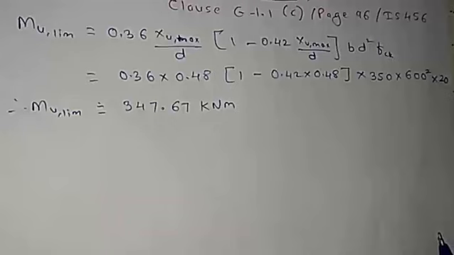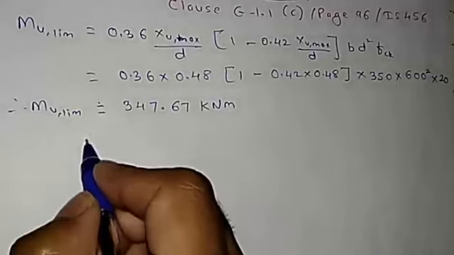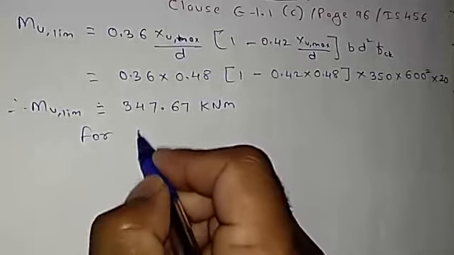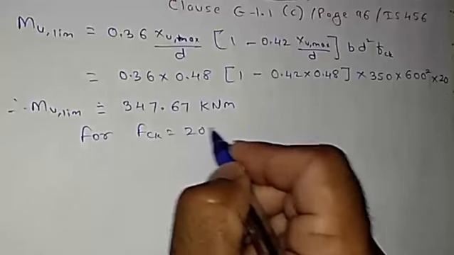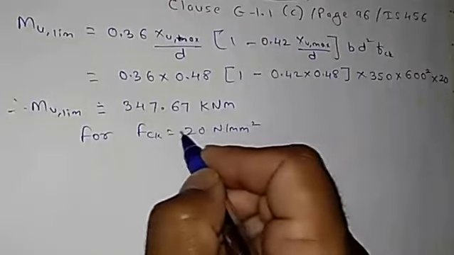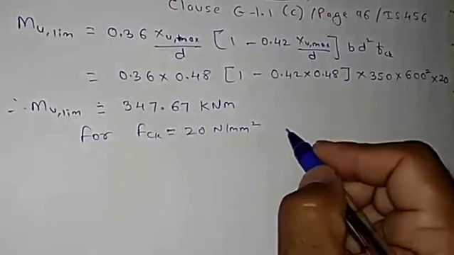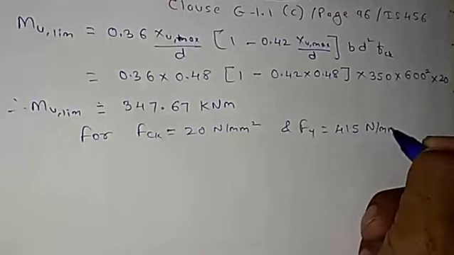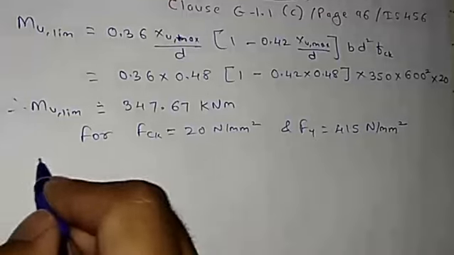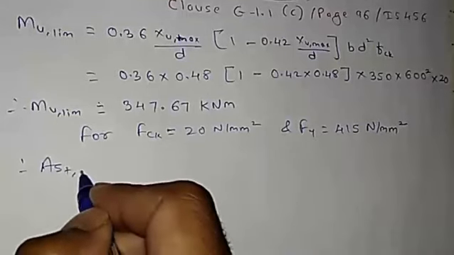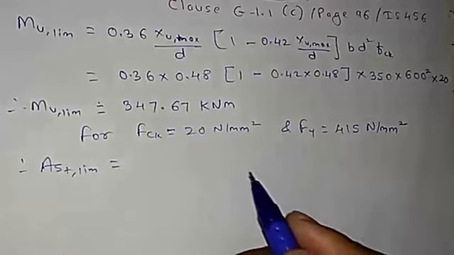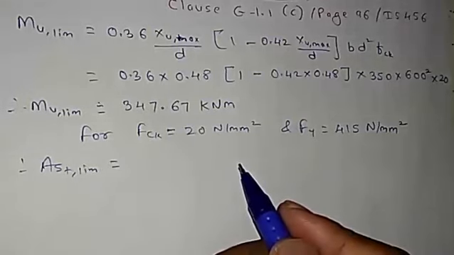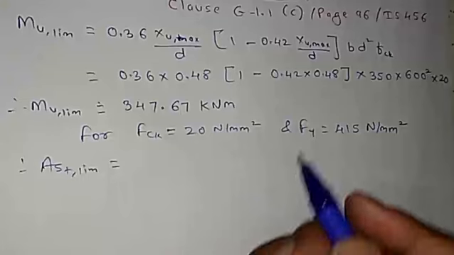Now we can calculate in the next line, let us say, for fck equals 20 Newton per mm square, and fy equals 415 Newton per mm square. So you got here Ast limiting, that is the limiting percentage of area of steel, that is 0.96.